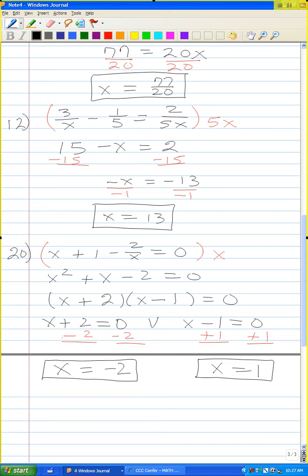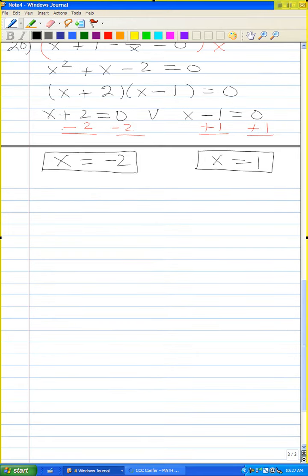Let me do problem number 28. 2 over x minus 3, plus 3 over x squared minus 9, equals 4 over x plus 3.